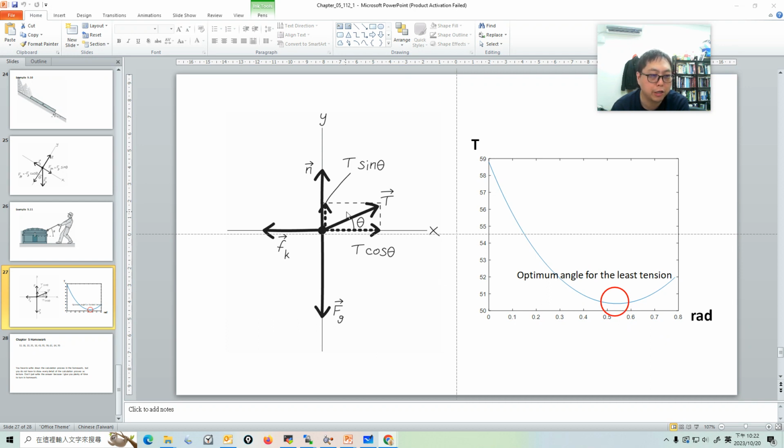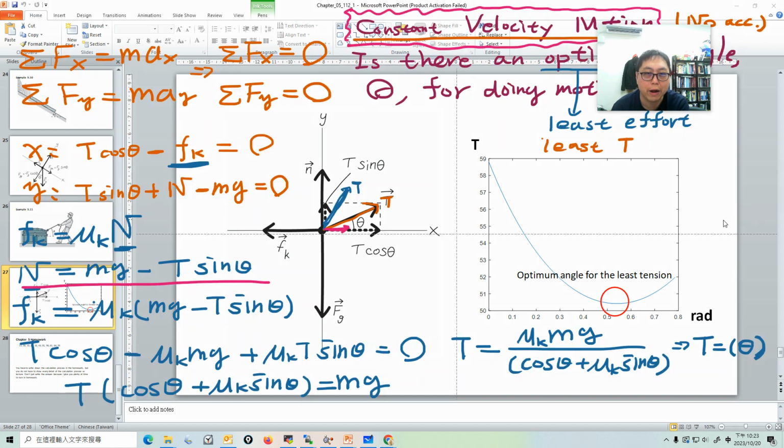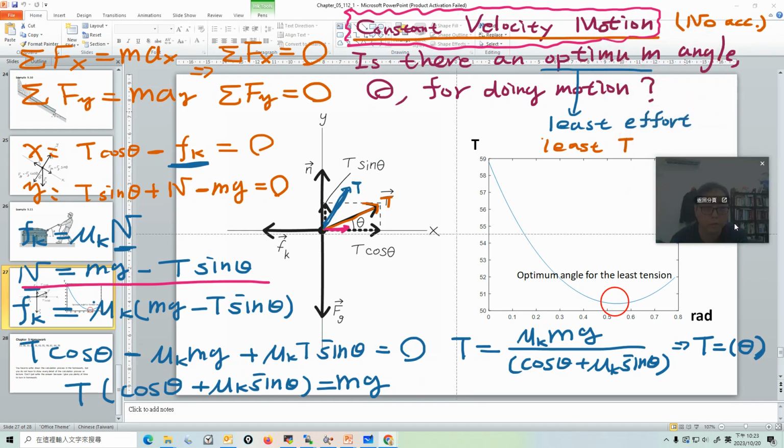If you raise theta, you reduce the friction, so you have the least effort, but at the same time you want to keep constant velocity motion, and a large theta doesn't allow that. So there will be an optimum value for theta. This problem is very interesting, so I want to share this with you.